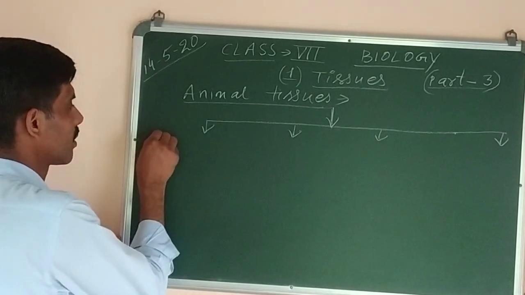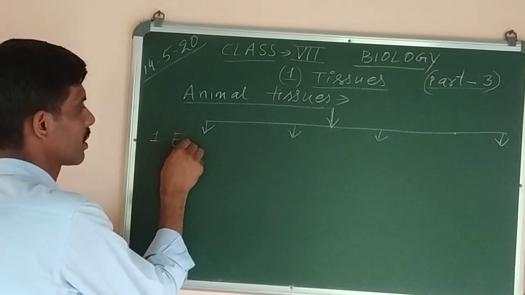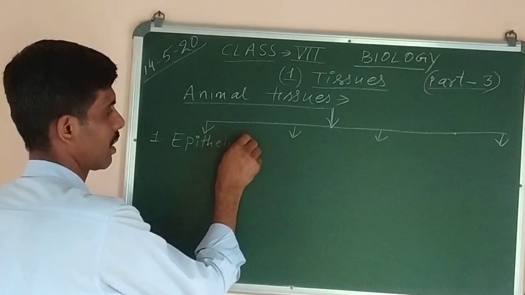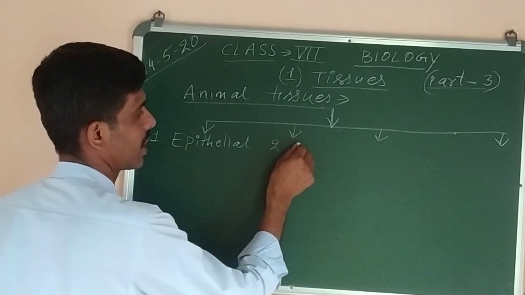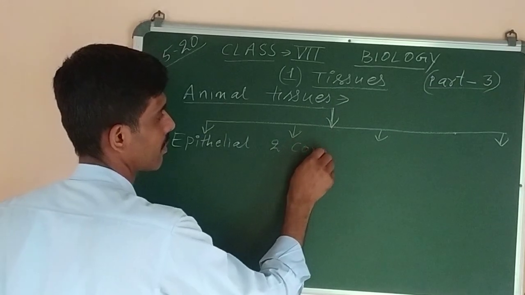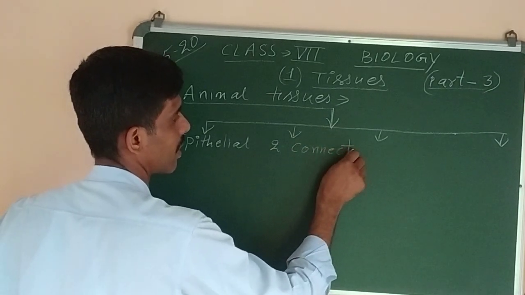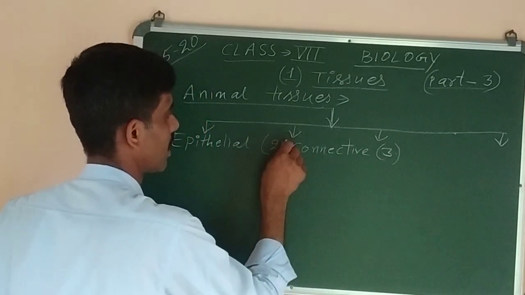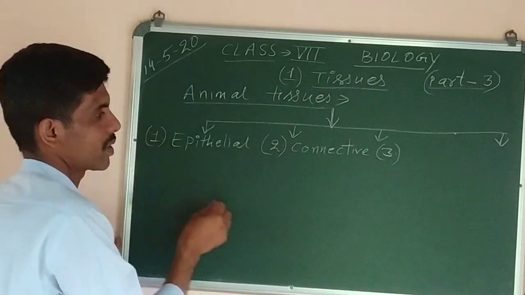Number 1, epithelial tissue. Number 2, connective tissue. Number 3, muscular tissue.